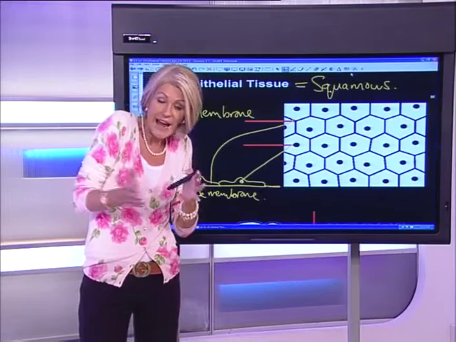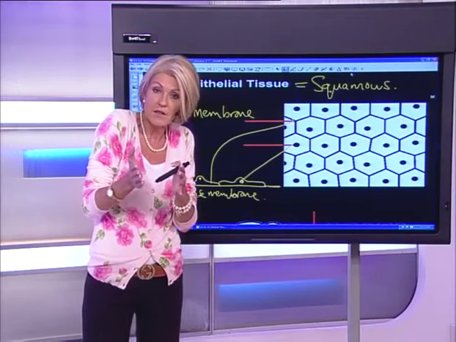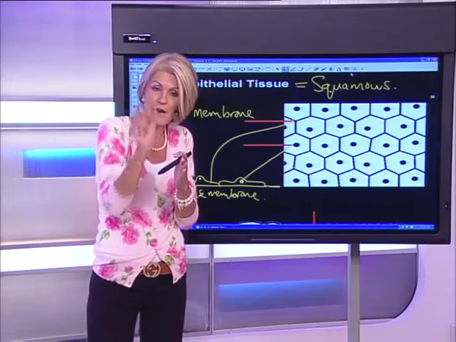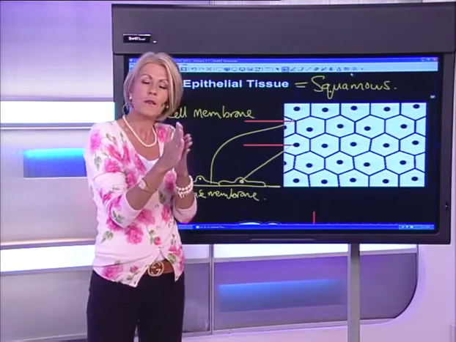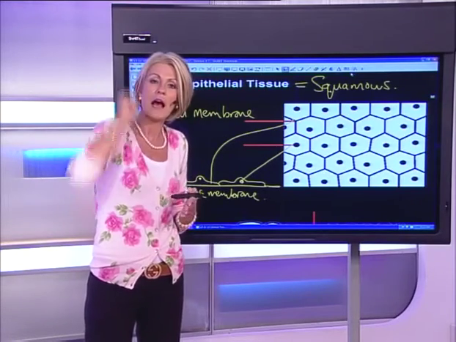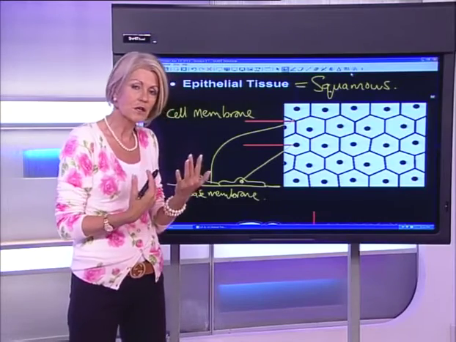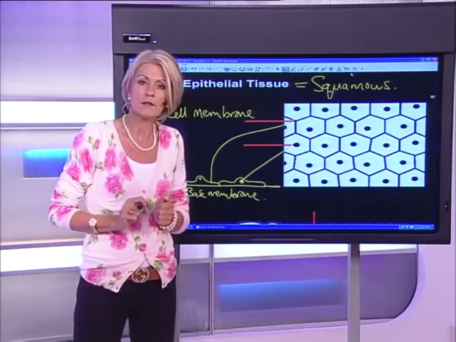And to get out of those capillaries, the carbon dioxide from the blood goes through the capillary wall, that single layer of endothelium, through the squamous epithelium and out so we can breathe it out. Again, easy diffusion. So alveoli of the lungs.